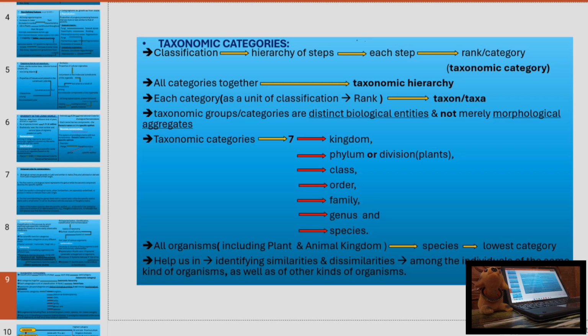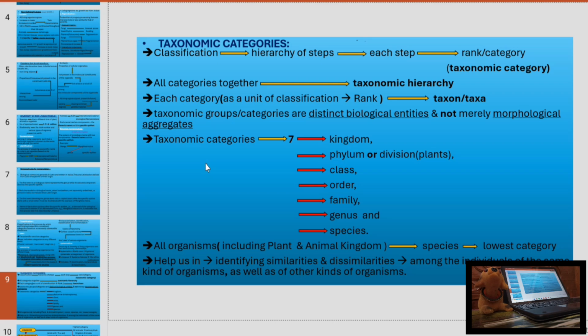And all the categories together form the taxonomic hierarchy. Each and every category as a unit of classification represents a rank that is said to be a taxon or taxa. Taxonomic groups or categories are distinct biological entities and not merely morphological aggregates.